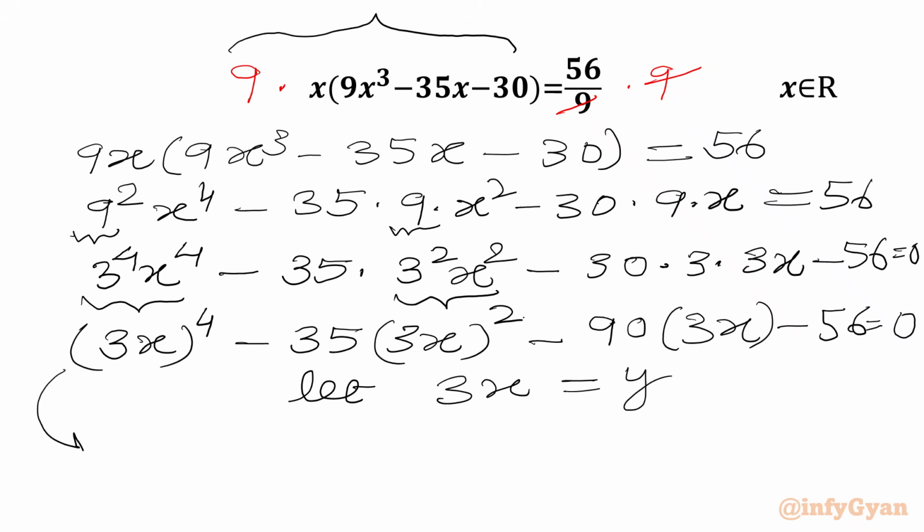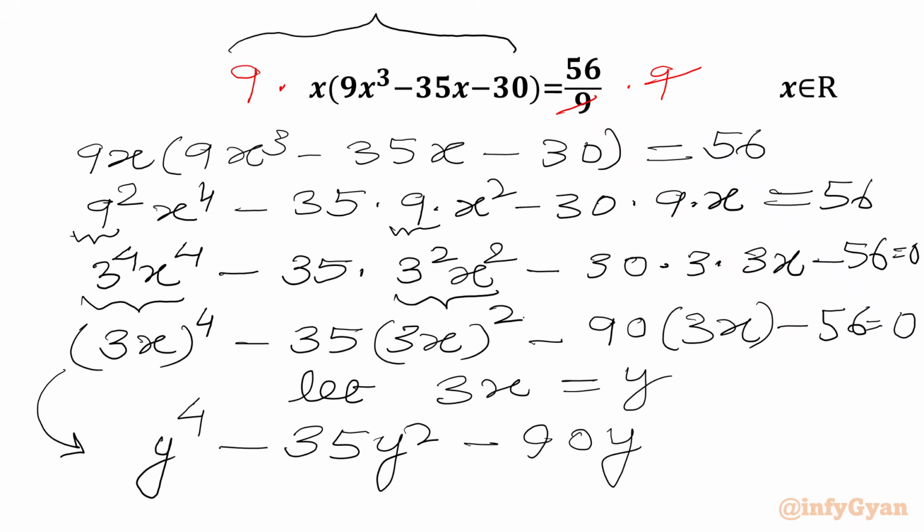So we will get equation in variable y: y power 4 minus 35y square minus 90 times y minus 56 equal to 0. Now this is one quartic equation, degree 4 equation.